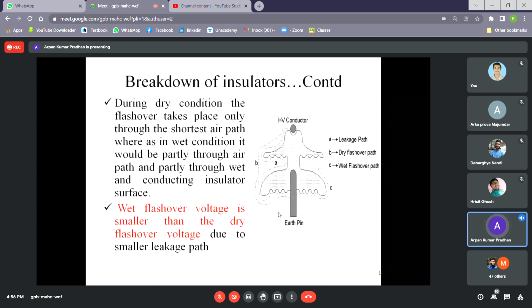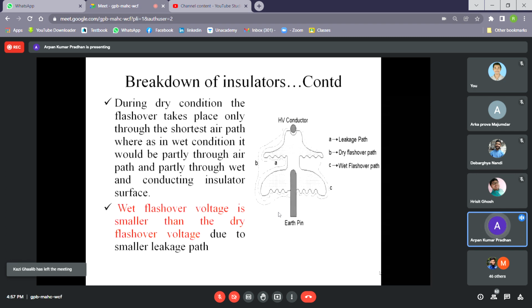In insulators, this leakage current is most important, because however finely you design an insulator, some leakage current is still present through its surface.